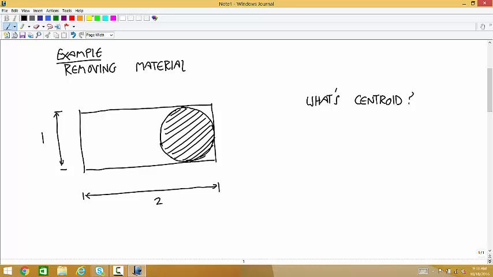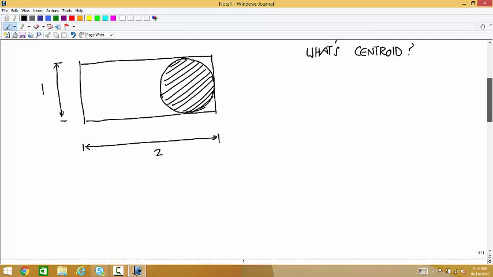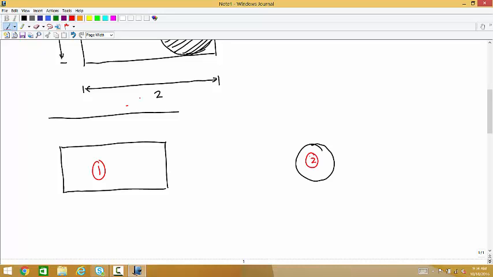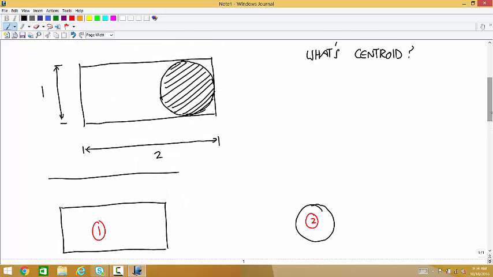Okay, so let's separate this up into a big outer shape. I'll call that body 1. And a small inner shape, body 2. And to use that summation formula, we need the centroid and the area of each of these two shapes. And since the centroid comes in the form of coordinates, we have to choose a coordinate system. It doesn't matter where you choose it, but I'll do it over here.